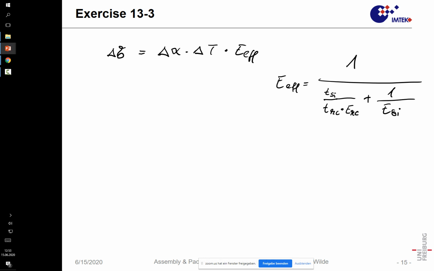That's reality, and this real behavior is very hard to compute with analytical formulas, and that's a reason why in most cases we use finite element analysis.